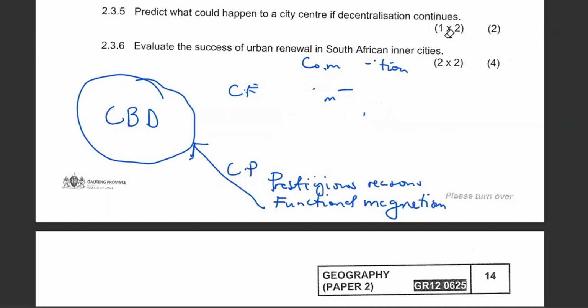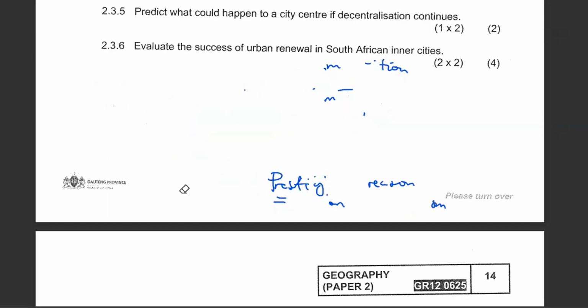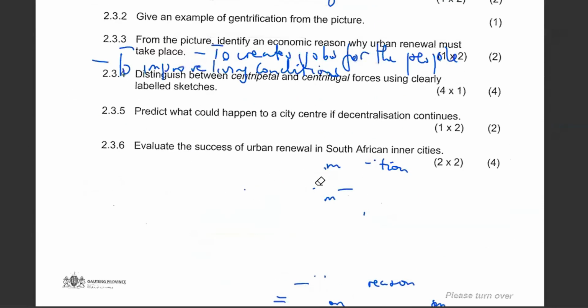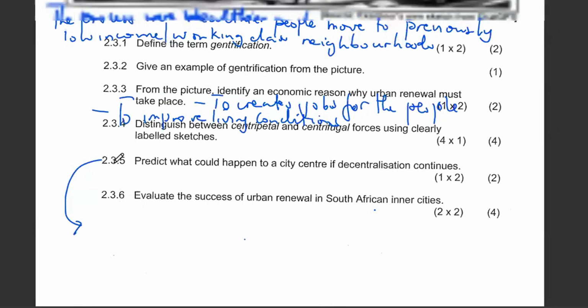Checking on the next question, predict what could happen to the city center if decentralization continues. What is likely to happen to the city center if more activities are moved out of the CBD to the outlying business district?